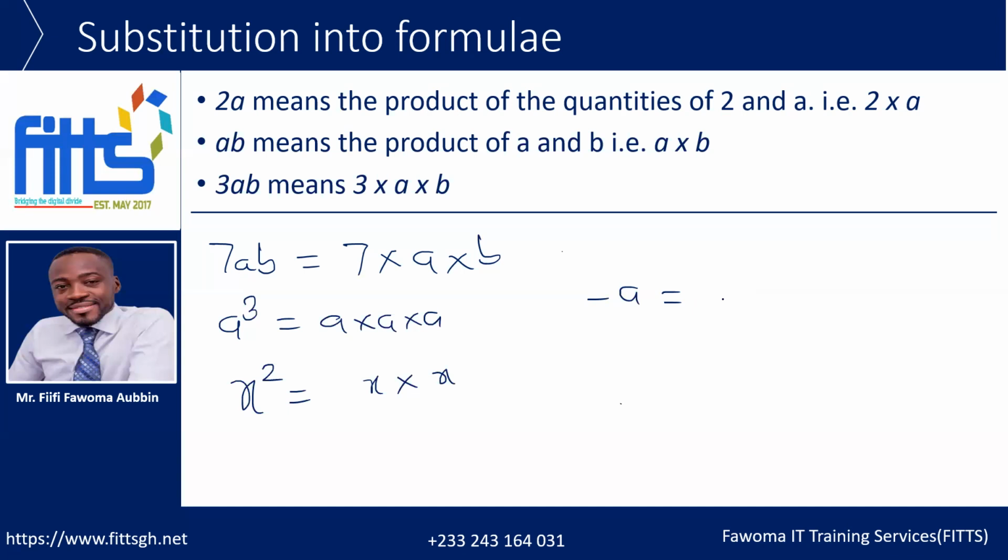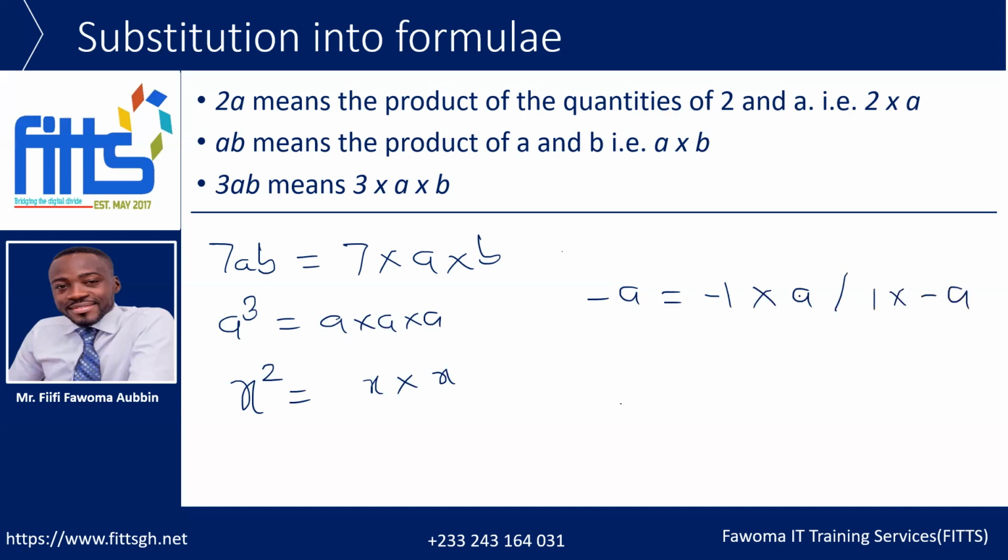When we have a letter or a number standing alone, any number multiplied by 1 is the number itself. So once we have minus a, we can write it as minus 1 times a, or 1 times minus a.